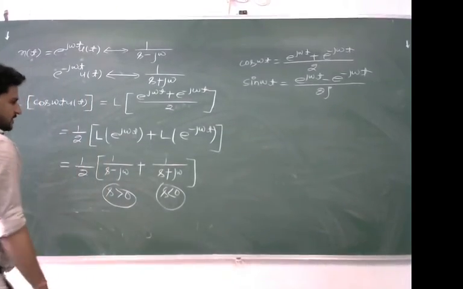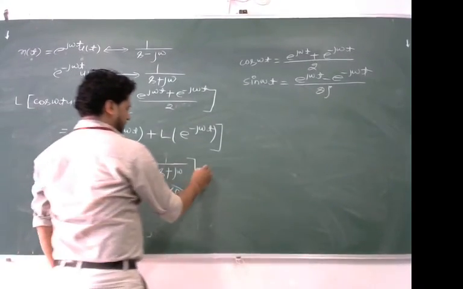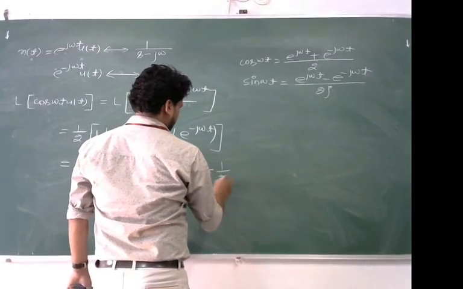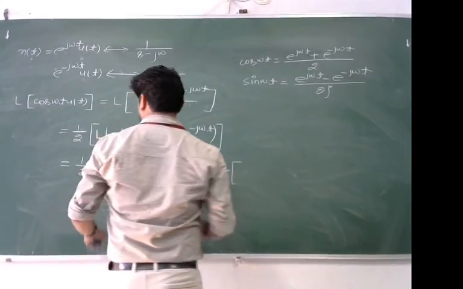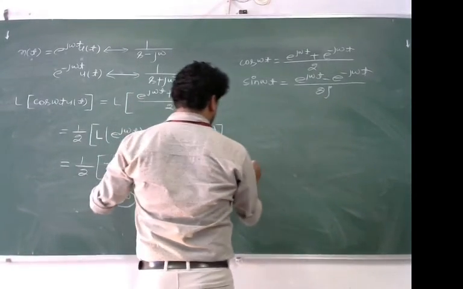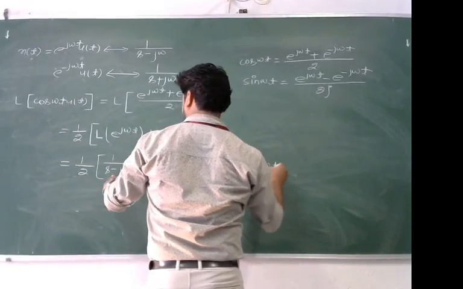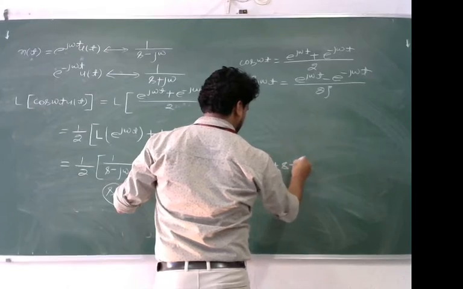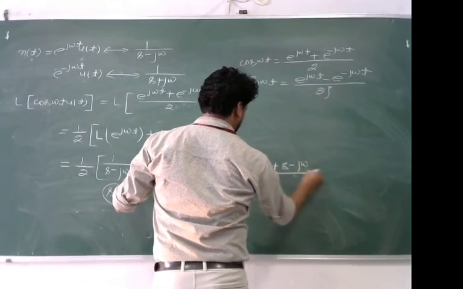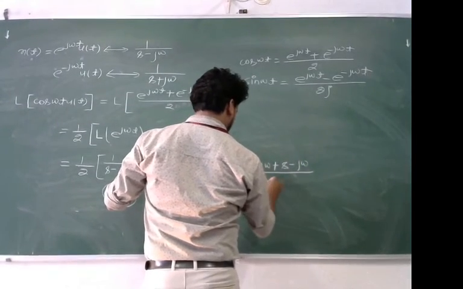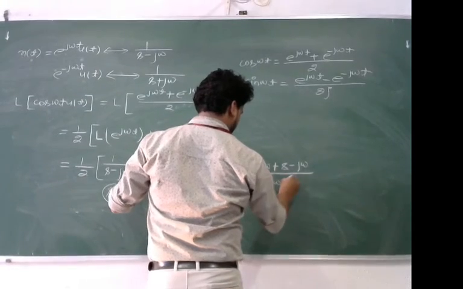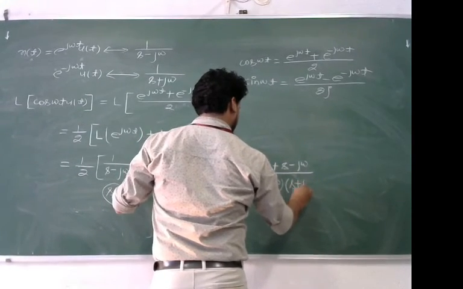And after simplification, we can write it as 1 by 2. This will become s plus j omega plus s minus j omega divided by s minus j omega into s plus j omega.